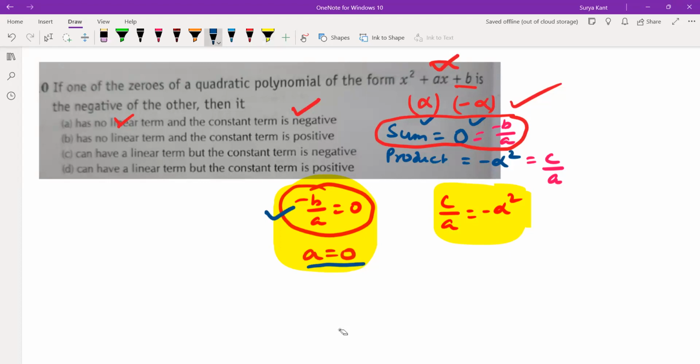Sum is the middle term only, no? So this part becomes 0. Now c by a. If you write it as b by 1 is equal to minus alpha square, so this is coming as negative, right? Your C part, it is this one, the constant term.